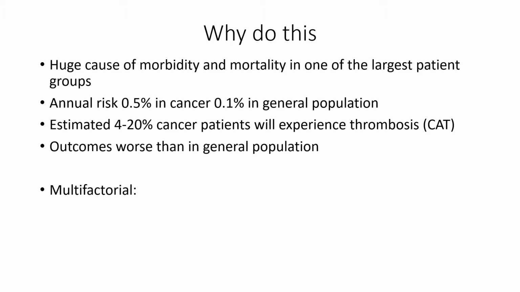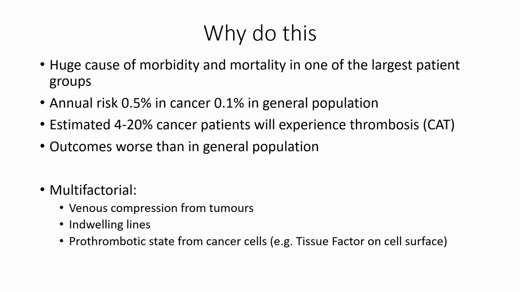So the reasons that they get thromboses are multifactorial. Venous compression from tumours, indwelling lines increase the risk. The prothrombotic state from cancer cells, there's a lot of fairly poorly understood biology around this. An example would be tissue factor expressed on malignant cell surfaces, inducing the clotting cascade.